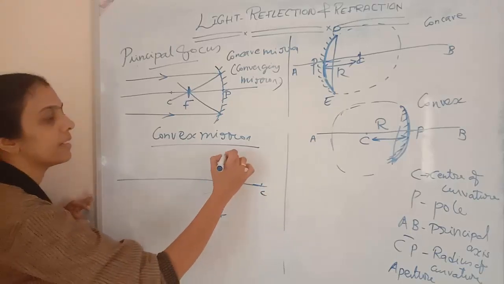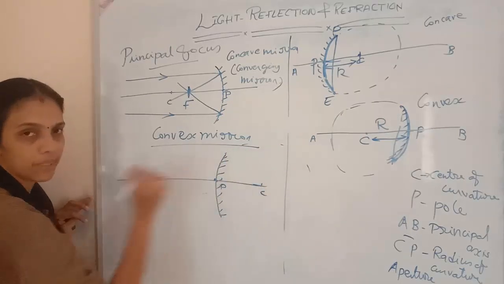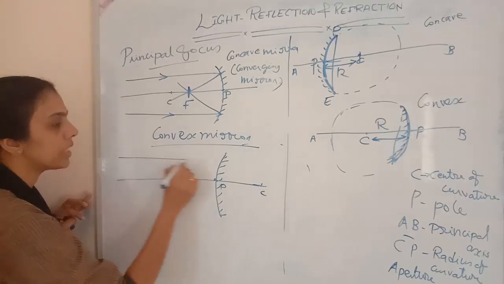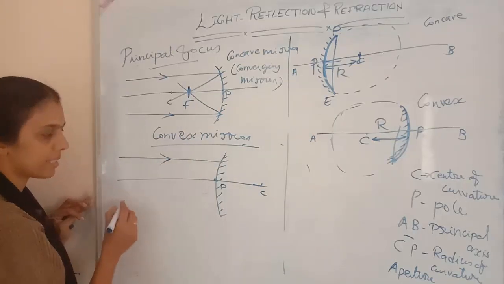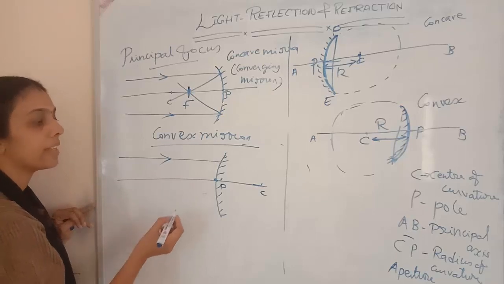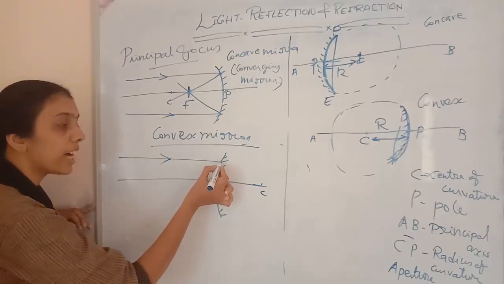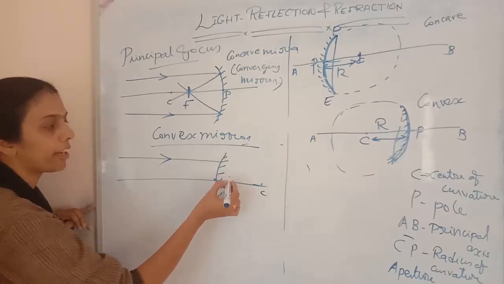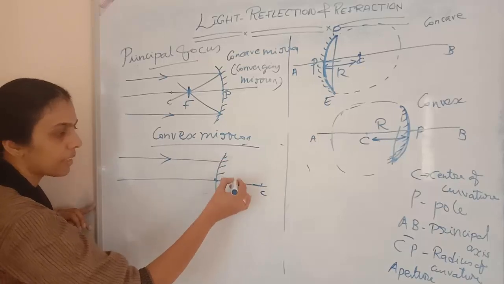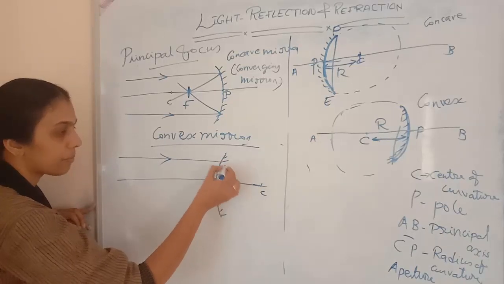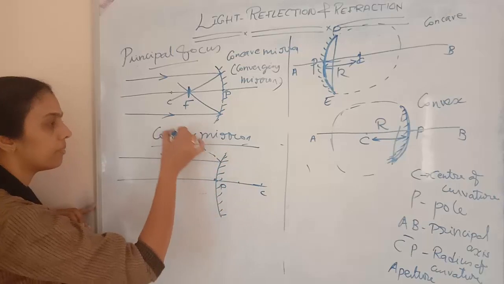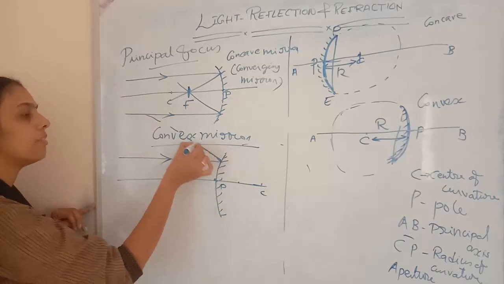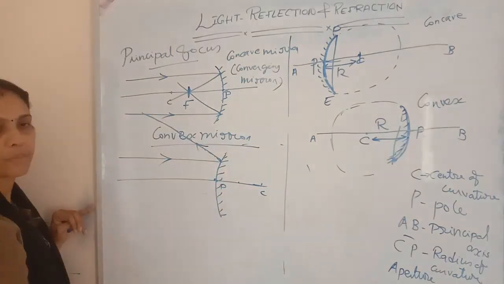It is curved like this, right? So the center of curvature will be here. The rays which are passing parallel to the principal axis, what will happen? They will appear to diverge from a point on the principal axis. We can see, if I am considering this one, it will reflect and go like this.